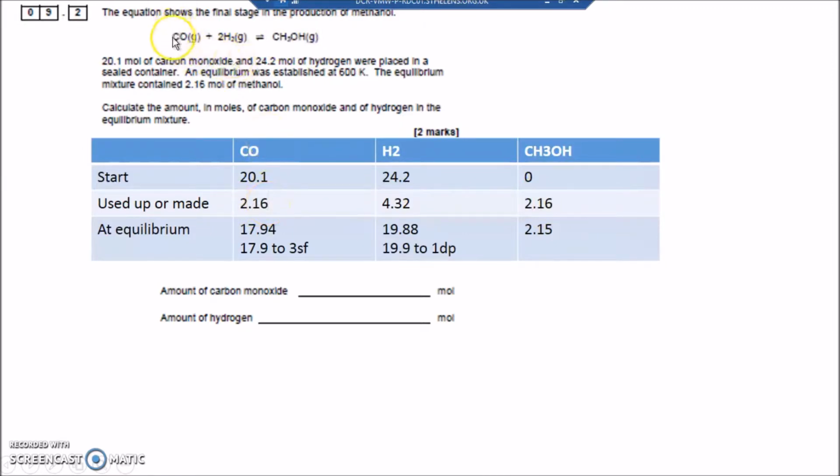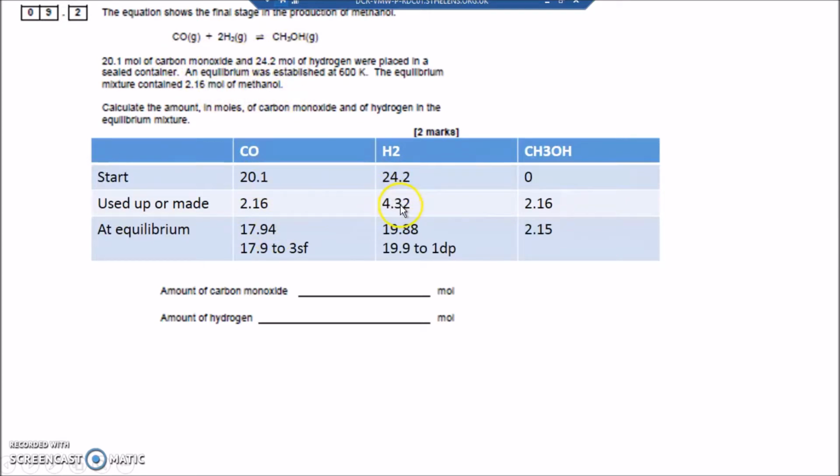For every mole of carbon monoxide used up, 2 moles of hydrogen are used up, so I must have used up double that. 2.16 times 2 is 4.32, and now I can work out how much I've got at equilibrium. 20.1 moles of carbon monoxide at the start, 2.16 at the end. Subtract the 2 and it's 17.94. I'm going to put it to 3 significant figures because everything else is at 3 significant figures.